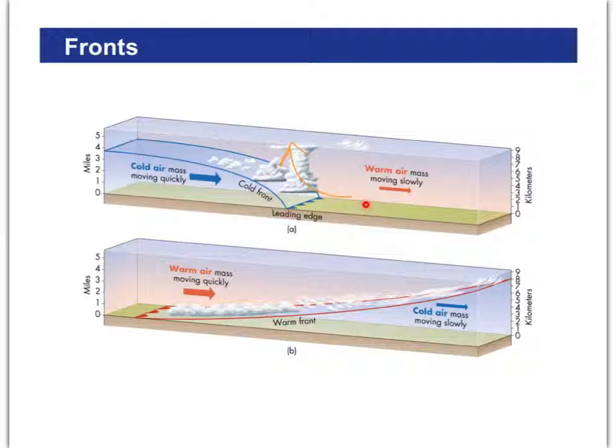On the other hand, this is a warm front. So right there is where the front line would be, and what's happening right here? Well, you've got cold air sitting over on the right-hand side, just kind of minding its own business. If warm air is moving rapidly, it's going to overtake that cold air, and it's not going to want to sink underneath it, right? Because warm air is less dense. It's prone to rise.